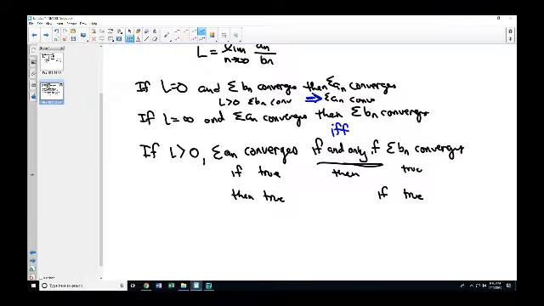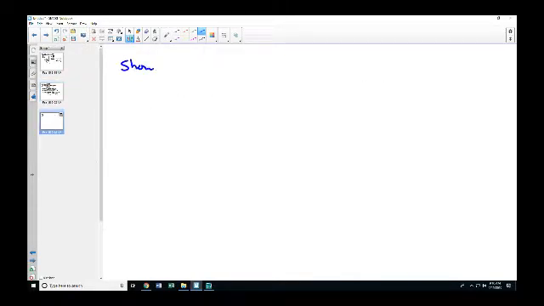You want to take a look at a couple? Here's what's nice about this one. They tell you to show that it converges, so you know the answer, you just have to generate the work.